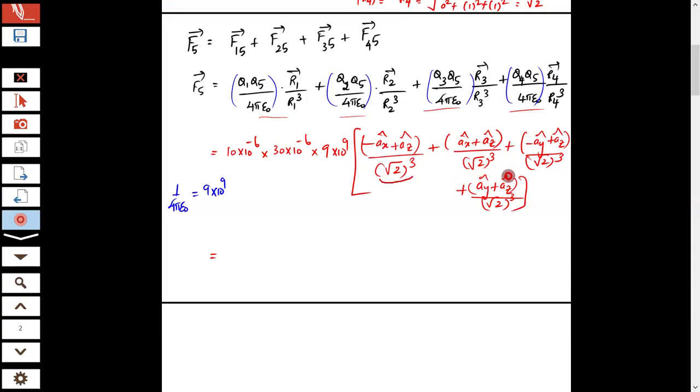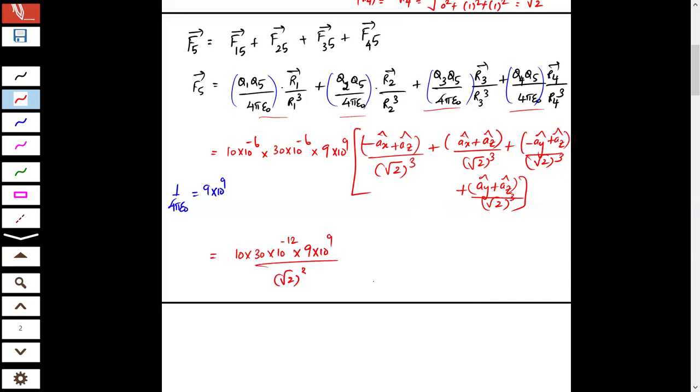This root 2 cube is also common, so I can take it outside. Combine AX terms, combine AY terms, and combine AZ terms. If I consider this root 2 outside, it will become 10 into 30 into 10 power minus 12 into 9 into 10 power 9, divided by root 2 the whole cube.